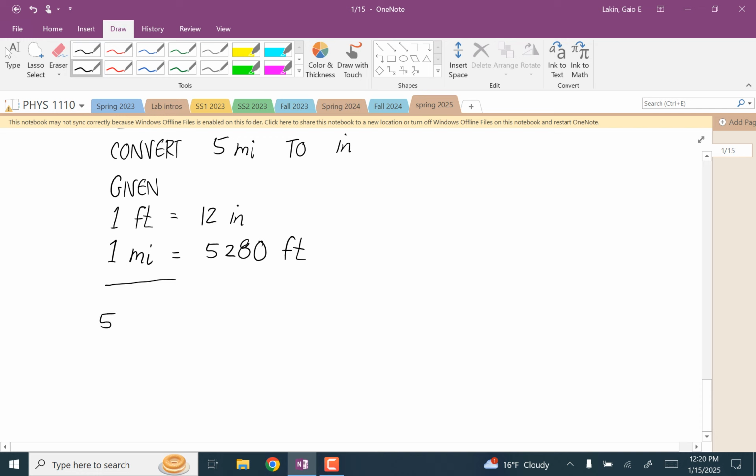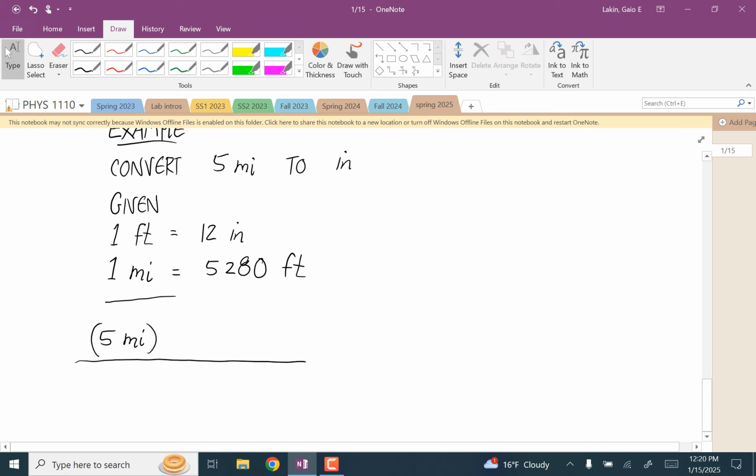So I'll start with 5 miles, and I'll make it clear that it's in the numerator of our fraction. And then to convert from miles to feet, miles is what I want to cancel, so I want the conversion factor that has miles in the denominator.